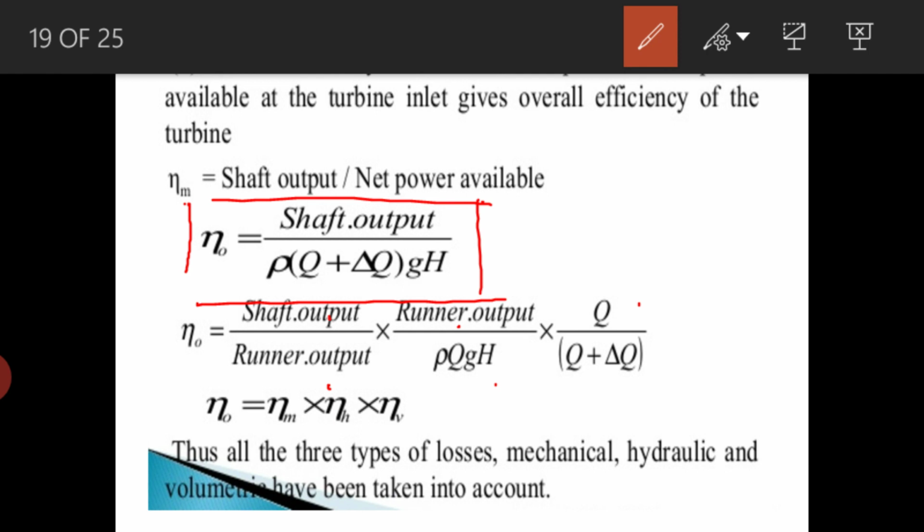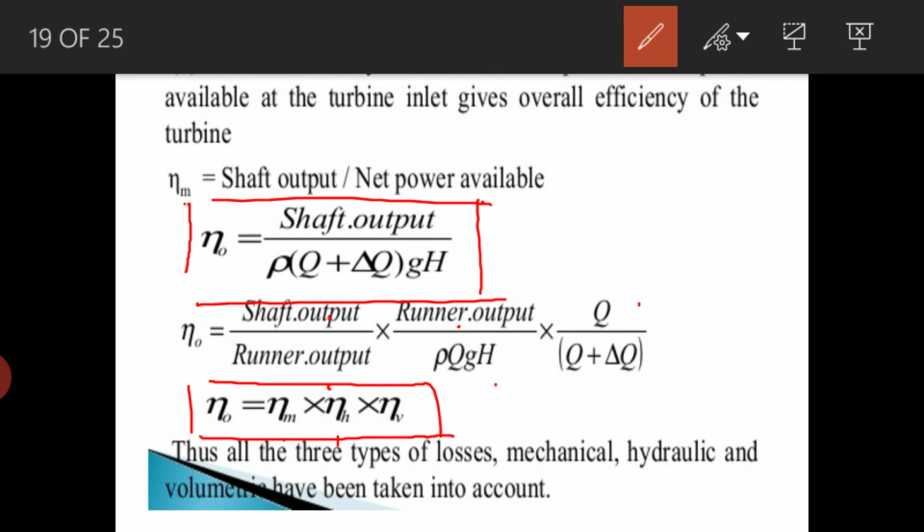Shaft power by runner power is known as mechanical efficiency. Runner power by water power is the hydraulic efficiency, and the quantity of water actually striking the blades to the quantity of water supplied at the inlet of the vane is known as volumetric efficiency. Thus, all three types of losses, mechanical, hydraulic, and volumetric, have been taken into account for the overall efficiency. This is the overall efficiency.